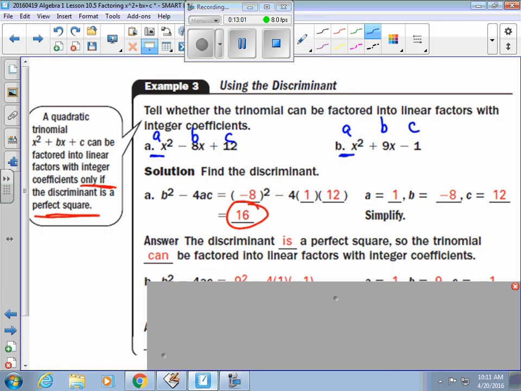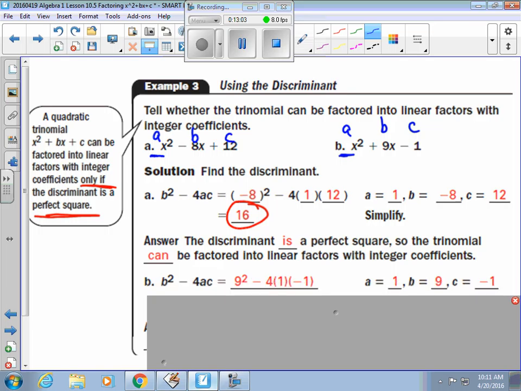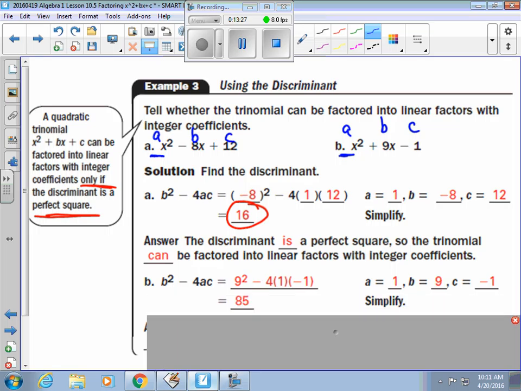B squared is going to be 9 squared, minus 4 times 1, a's value, times c's value, negative 1. 9 squared is the number 81. Negative 4 times 1 is negative 4. Negative 4 times negative 1 is positive 4. So we have 81 plus 4, which is going to give us 85.